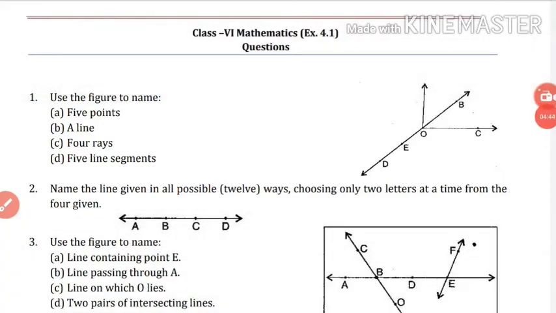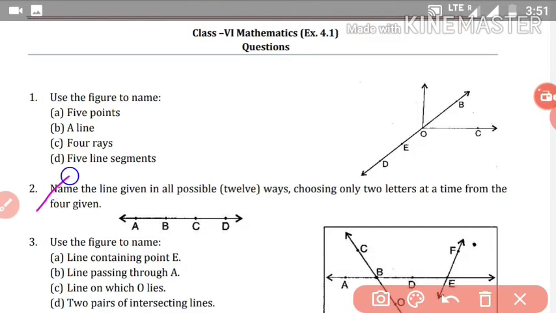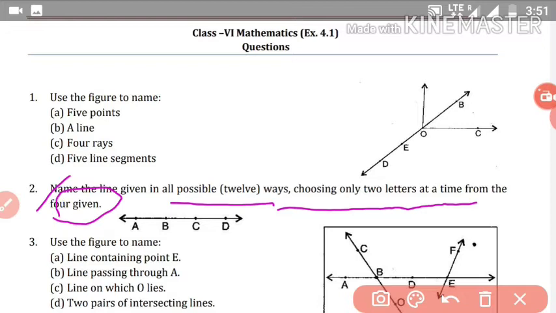Question number 2. Name the line given in all possible 12 ways, choosing only 2 letters at a time from the 4 given. Okay, I will read the question once again.